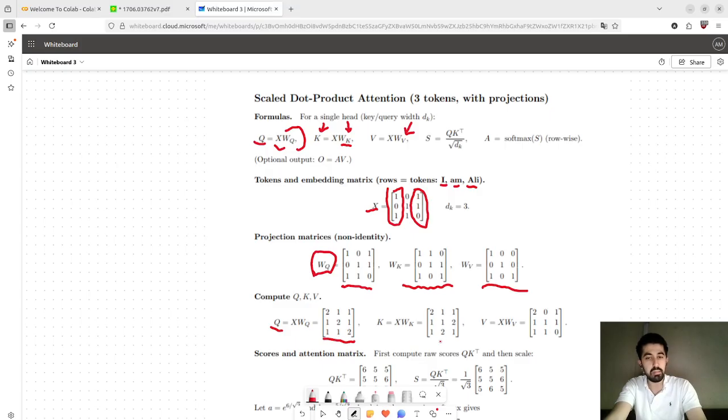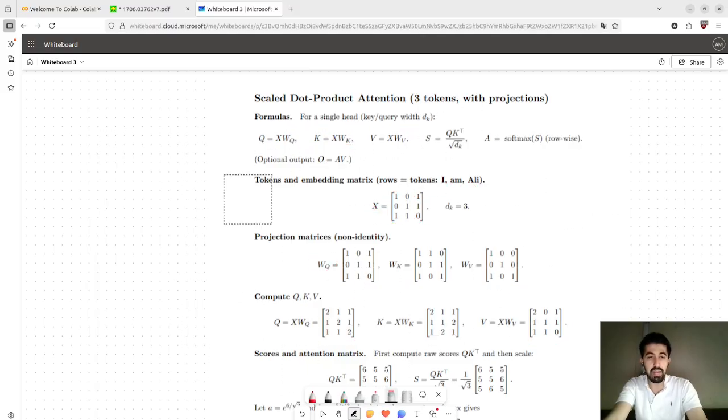Let's say we got this matrix. This is our query, this is our key, and this is our value. So this is the first step. Let me now erase. The formula is over here. We calculate the query, the key, and the value. Then we calculate S, which is the query multiplied by the transpose of the key divided by the square root of d_k.